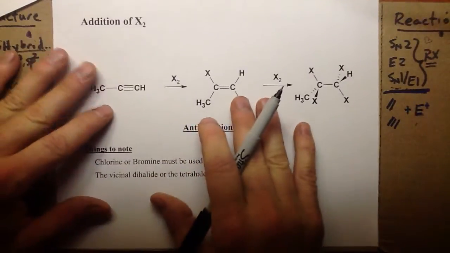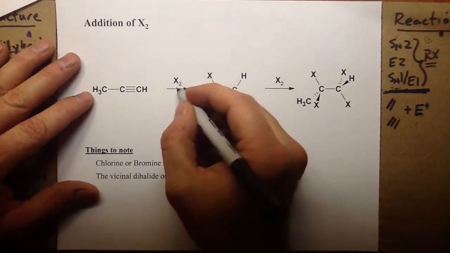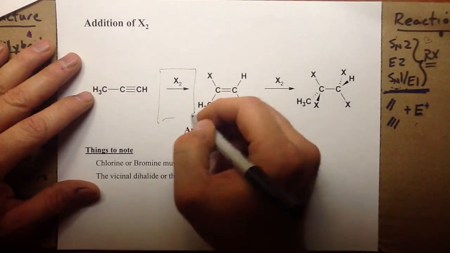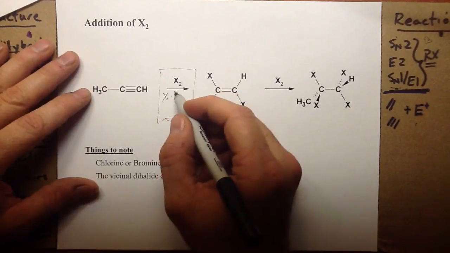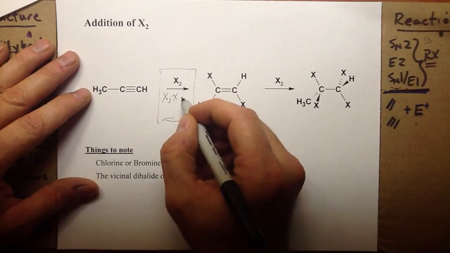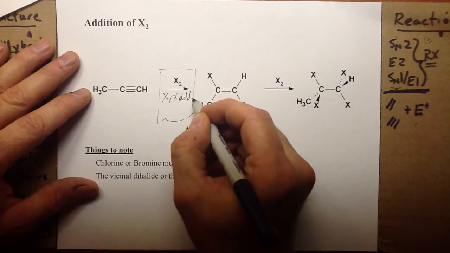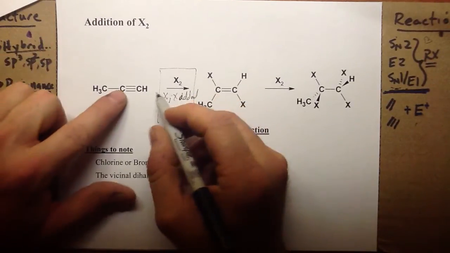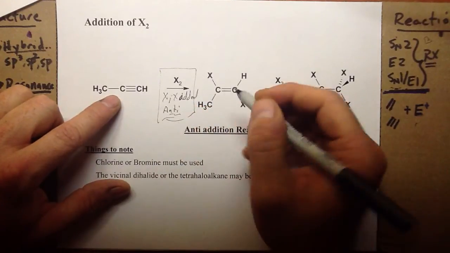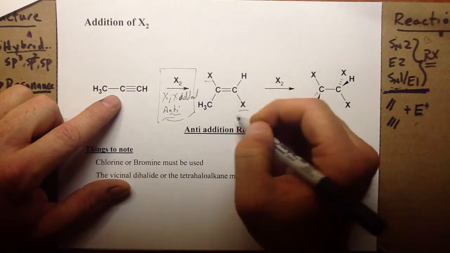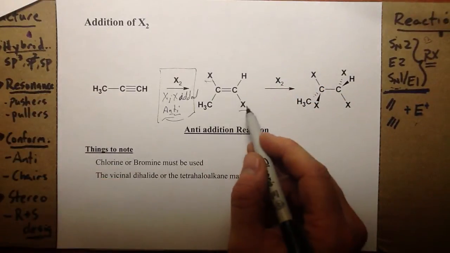All right, two last slides, just quickly. We can take our notes for addition of halogen X, bromine or chlorine. X and X are added. If we use Br2 across the triple bond, these still come on anti to each other, and we can stop at this point because these are electron withdrawing.